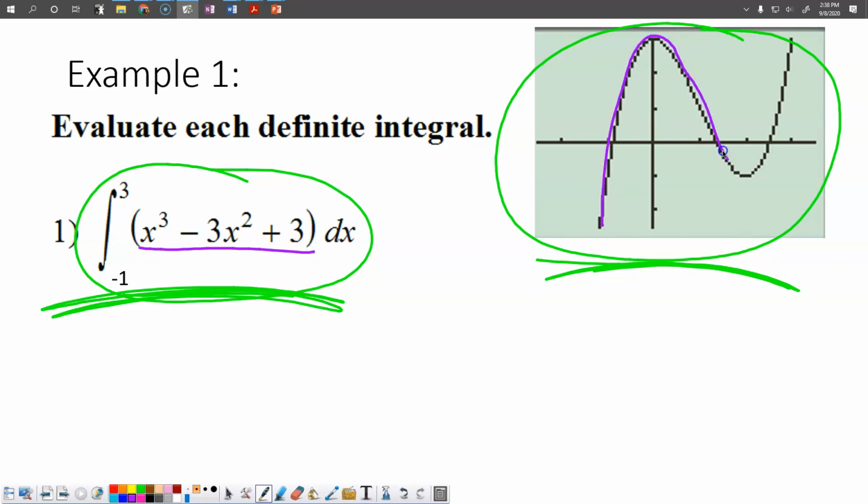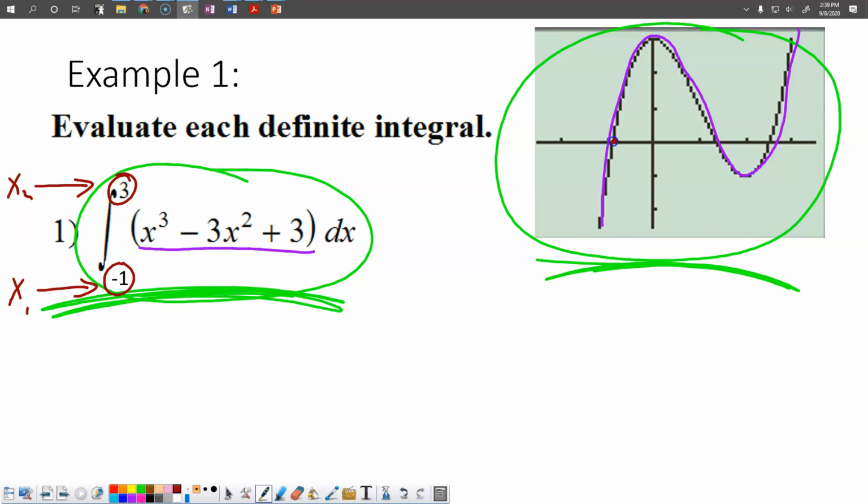That's the graph of x cubed minus 3x squared plus 3. Okay? But what do these things represent? Those are my upper and lower limits of integration. Now in my graph, that means this is where I'm starting and this is where I'm stopping along the x-axis. So we're starting at x equals -1.